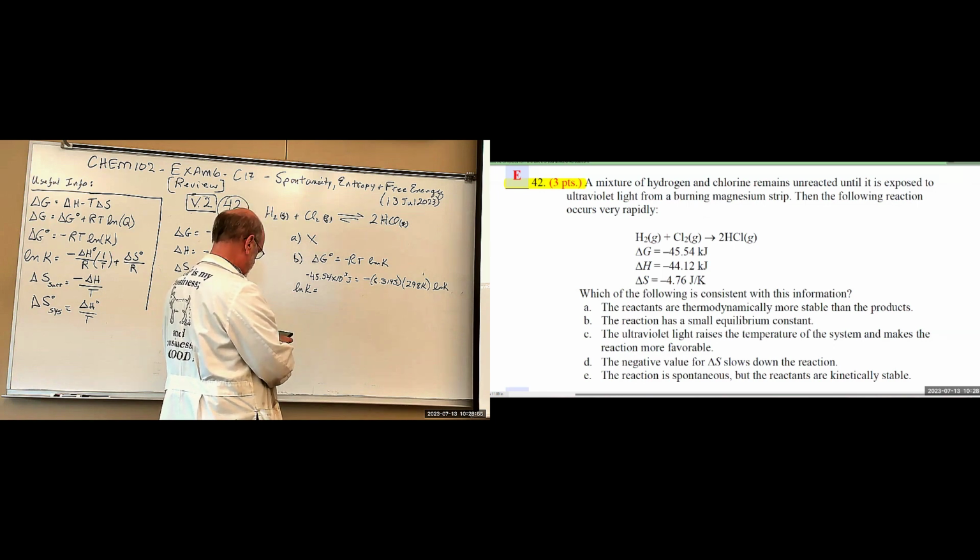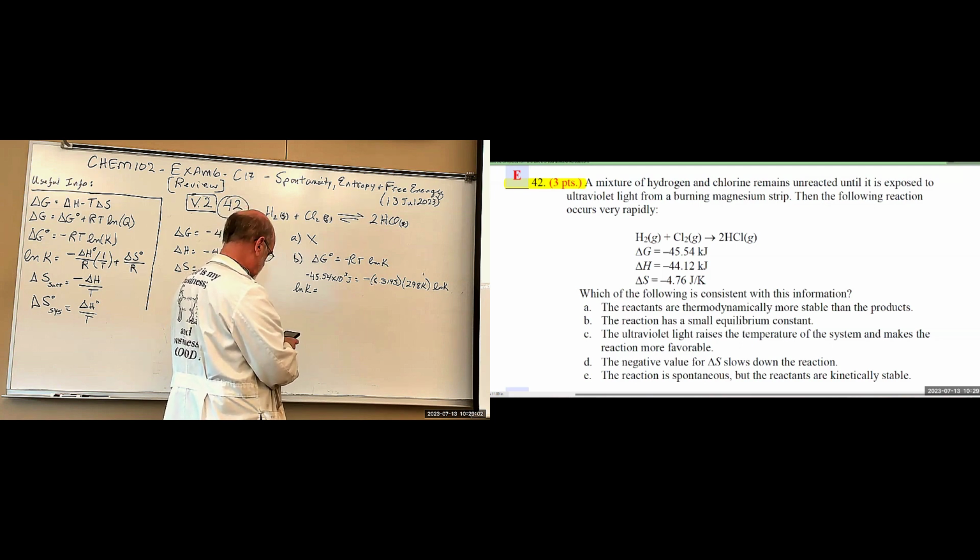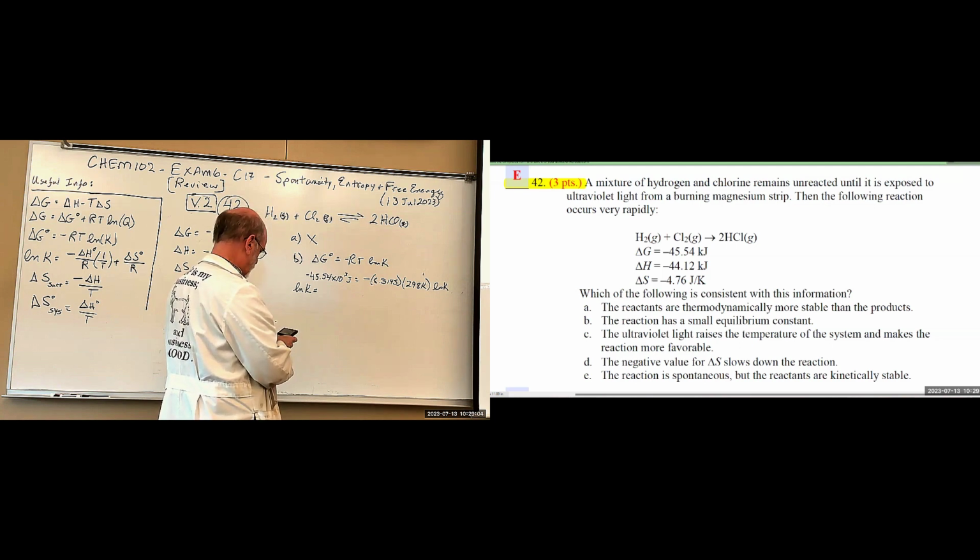So 45.54 exponent 3, just change that sign. And then 8.3145 here, change that sign. 298 times... let's see.